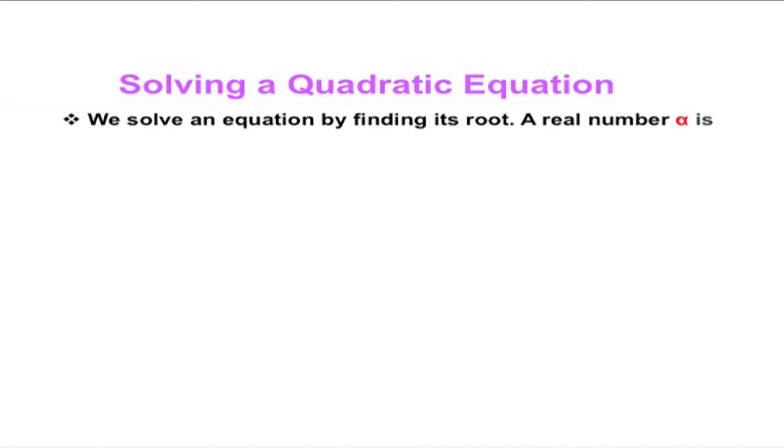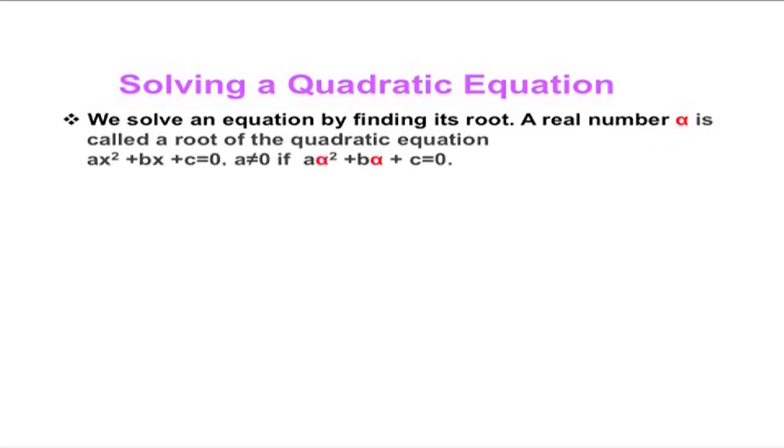Now we are discussing solving a quadratic equation, that is, how to solve a quadratic equation. We solve an equation by finding its root. A real number alpha is called a root of the quadratic equation ax square plus bx plus c equal to 0, where a not equal to 0, if a alpha square plus b alpha plus c equal to 0.